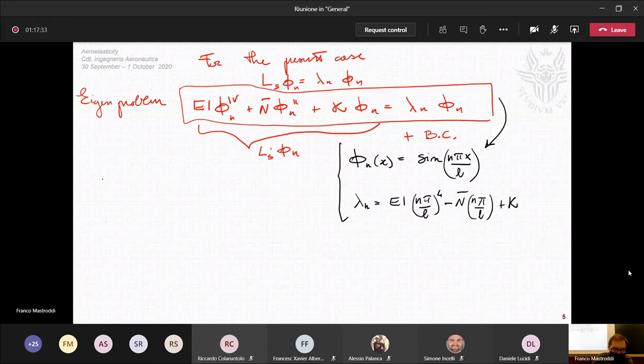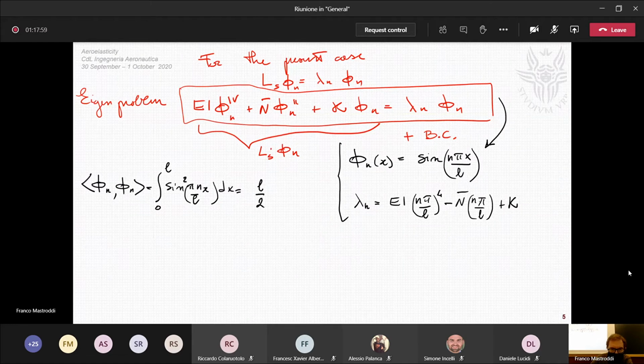We will need to evaluate the norm of this eigenfunction, which is the integral of sine to the power 2 of n pi x by L, dx from 0 to L, and this is equal to L by 2. Okay? And you have just to apply the prosthaphaeresis formula to this square of the sine here.